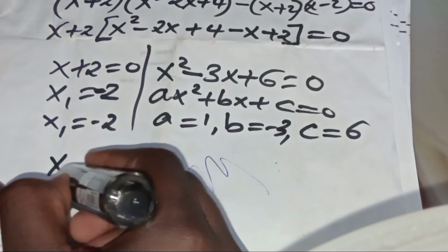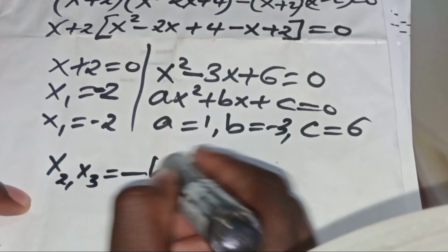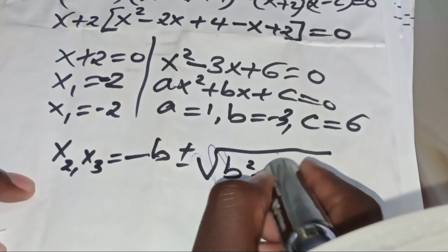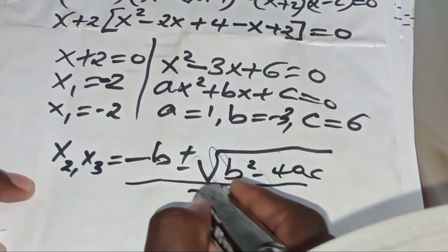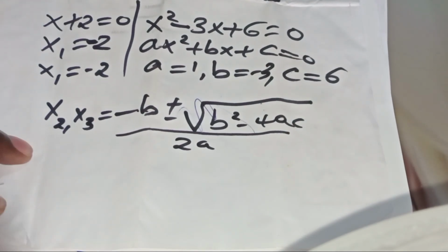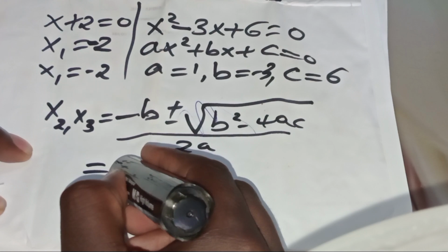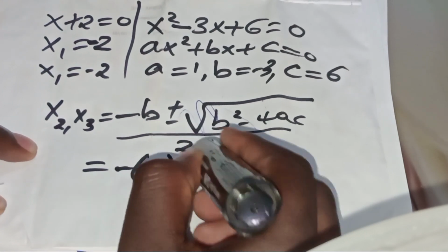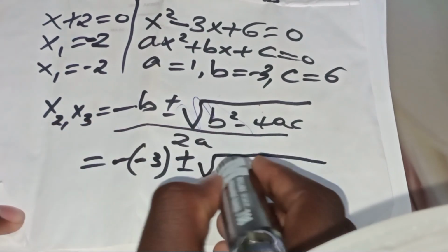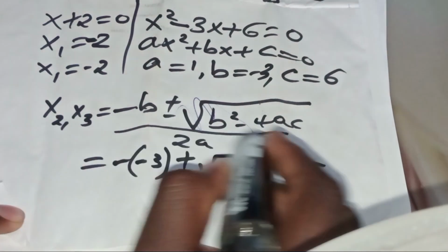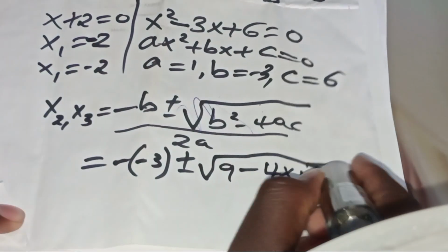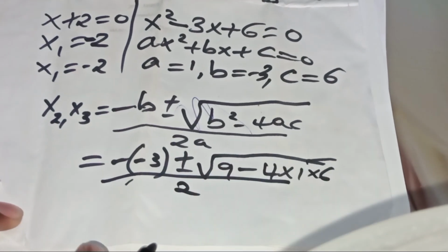So we have x2, x3, this is negative b plus or minus the square root of b squared minus 4ac, divided by 2a. So let's substitute the values of a, b, and c. We'll have negative of negative 3, plus or minus the square root of b squared, which is negative 3 squared, this is 9, subtract 4 times 1 times c, which is 6, divided by 2 times 1.